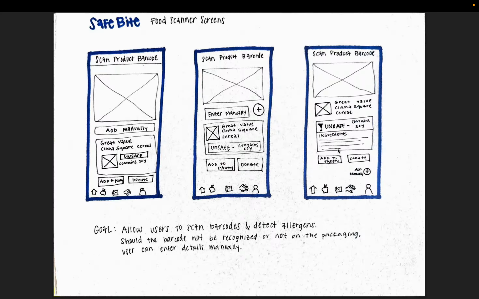I have the ingredients here, with the product separated, where this card discusses the ingredients and whether it's safe or not. And then I kept the plus sign and have it add manually. But I didn't know if using my plus signs in this would be confusing, because in the other screen I was suggesting that it would open up the pantry.